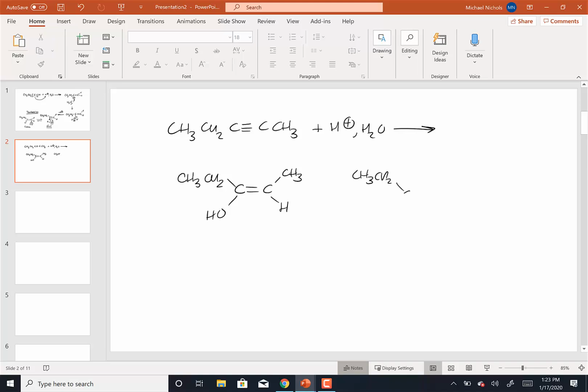I would end up with that. Adding the, well, they're both middle carbons. So I'd add the H and the OH left and right, and then vice versa. So these would be my two enol products. And they would be formed 50-50.